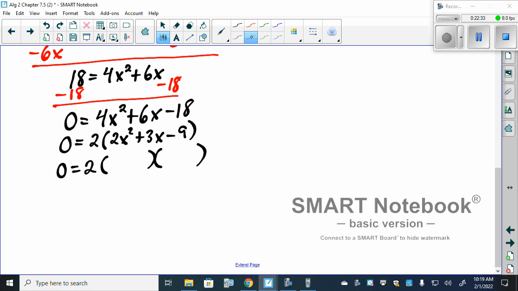Since our 9 is negative, the third term is negative, our signs are going to be opposite. One's going to be positive, one's going to be negative. Now the factors of x squared are our x and x. Now we need to figure out where we want to put the 2.